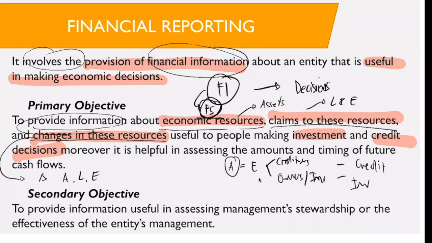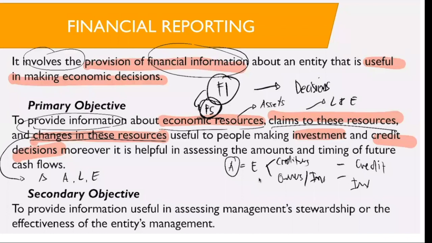Okay, so based again on your financial information, what do we do? With the provided financial information, we make decisions. Who will make decisions? Primarily, they are your primary users. Who are your primary users again? Your primary users of financial information are creditors and owners or investors. These primary users will now make their decisions as to credit decisions or investment decisions.